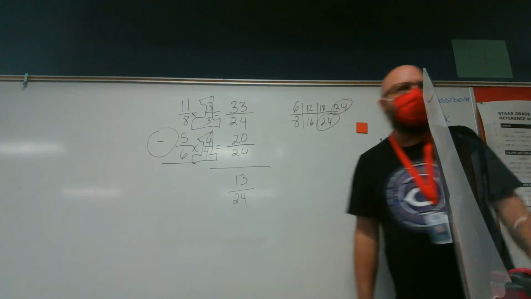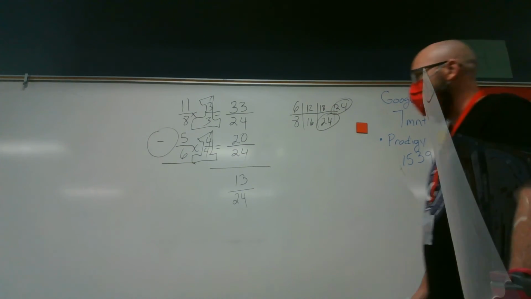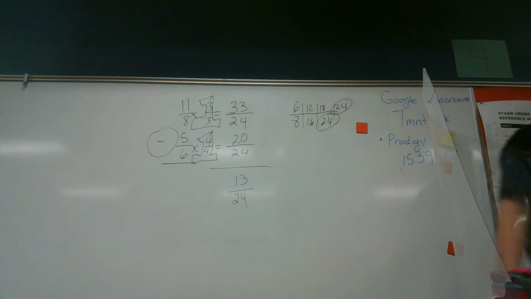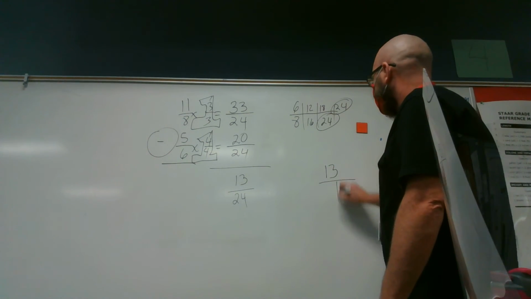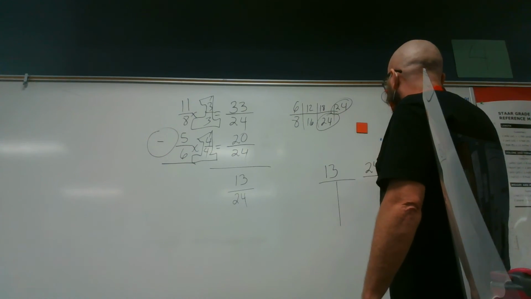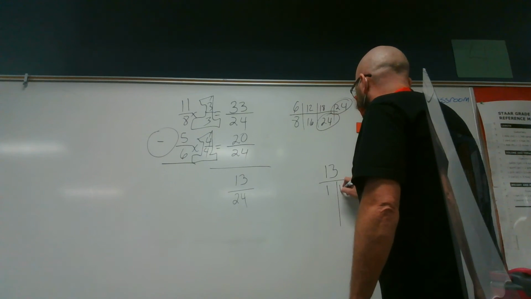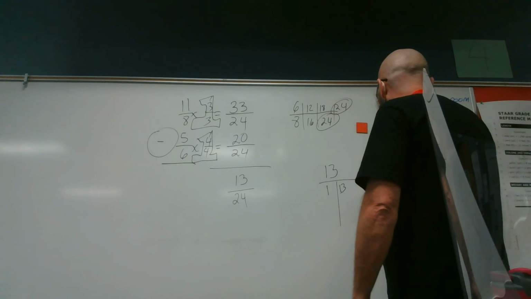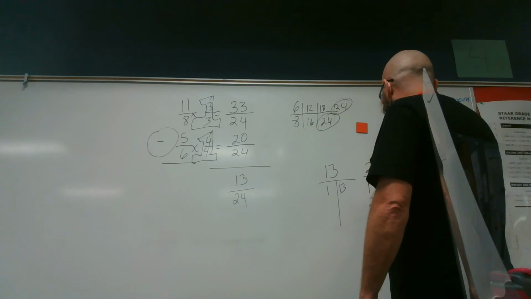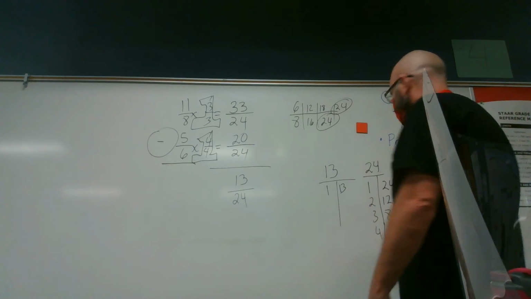Is that a proper fraction? Yes, because the numerator is smaller than the denominator. But I need to see if I can simplify it. So I'm going to list my factors of 13 and my factors of 24. 13 is prime, so it only has 1 and 13. 24 has, let's see, 1 times 24, 2 times 12, 3 times 8, 4 times 6.